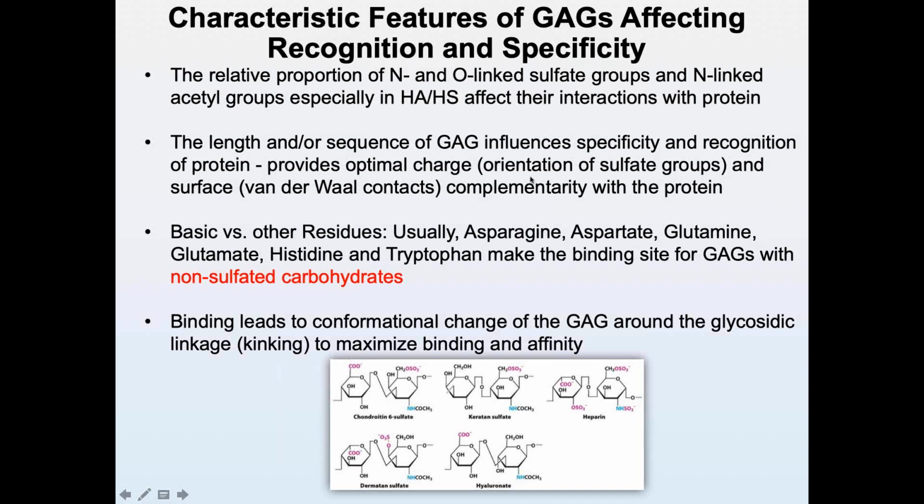So you have to have the right length and the right sequence in order to match with the GAG binding proteins. Not only the ionic interaction, it also involves the van der Waals contact as well as the hydrophobic interaction. So you have to have the right sequence and the right length in order to match the GAG with the GAG binding protein, basic amino acids.